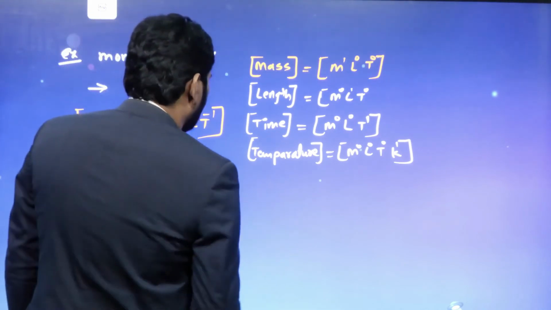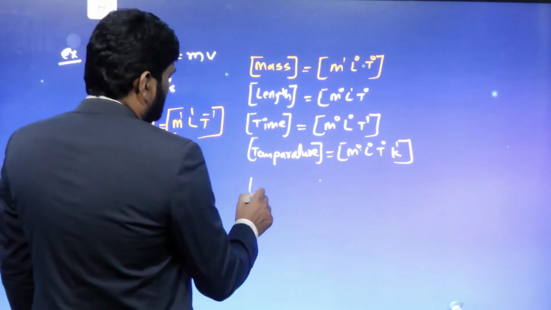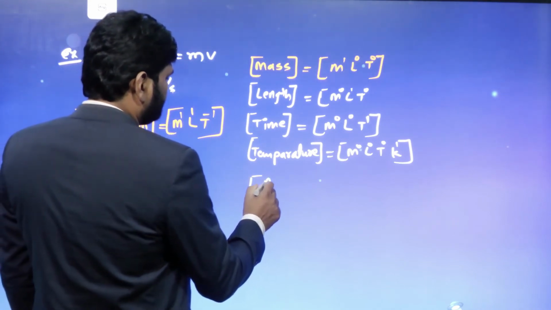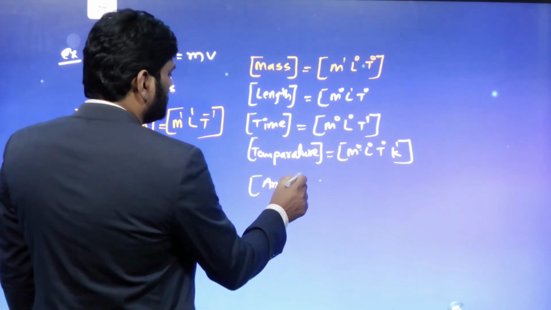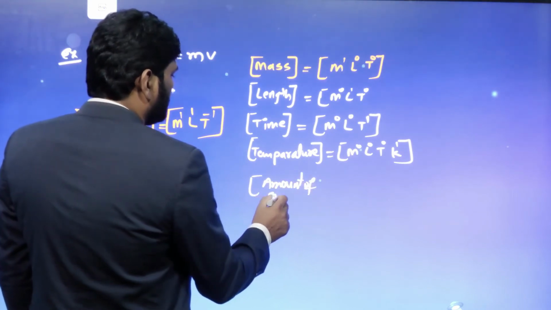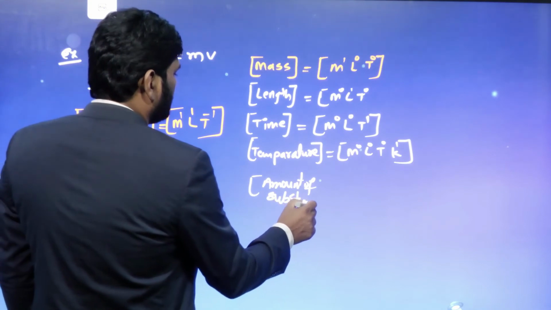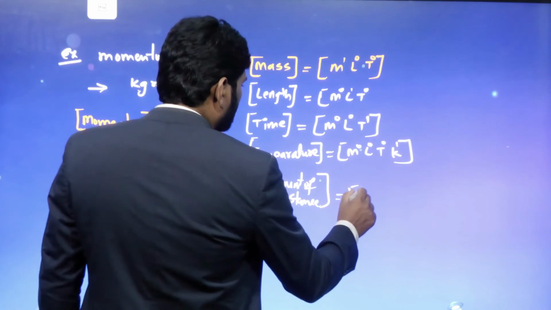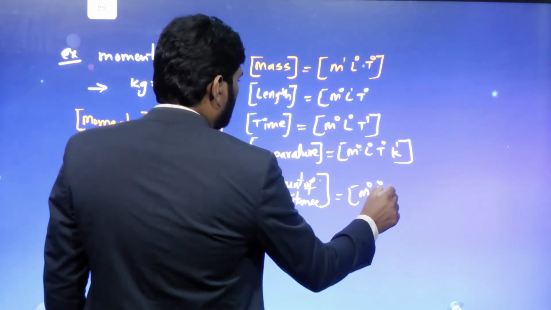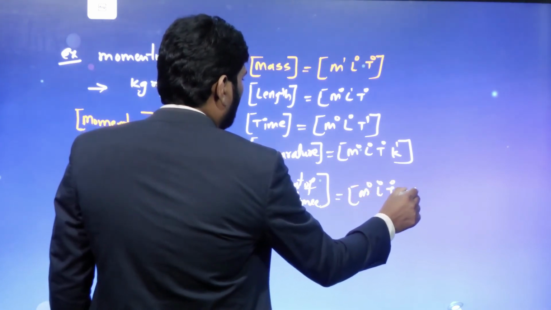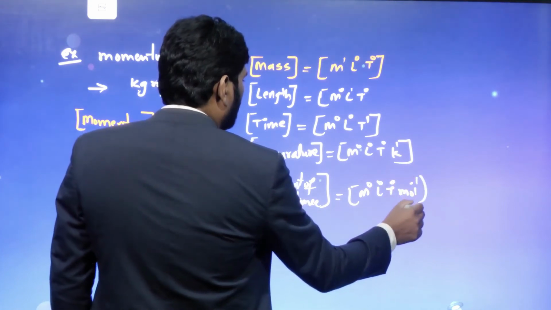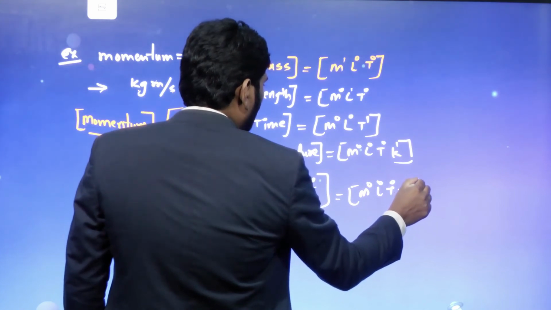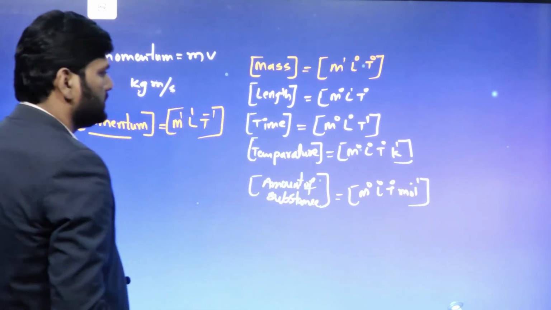Next, after the temperature, you can take amount of substance. That is M0 L0 T0 mole power 1. This is your dimension formula, because mole is the unit for amount of substance.